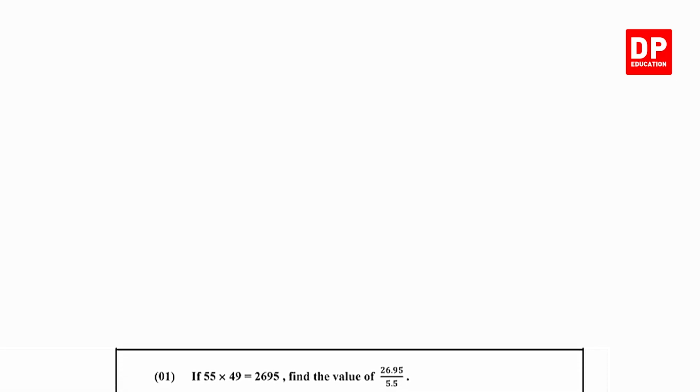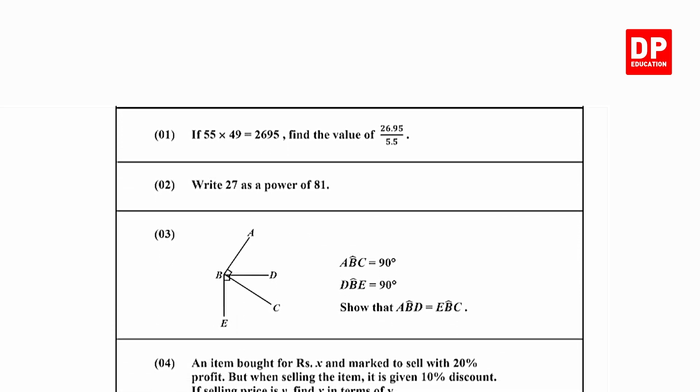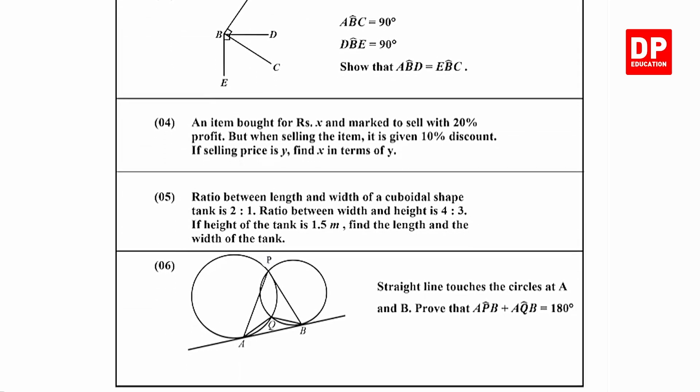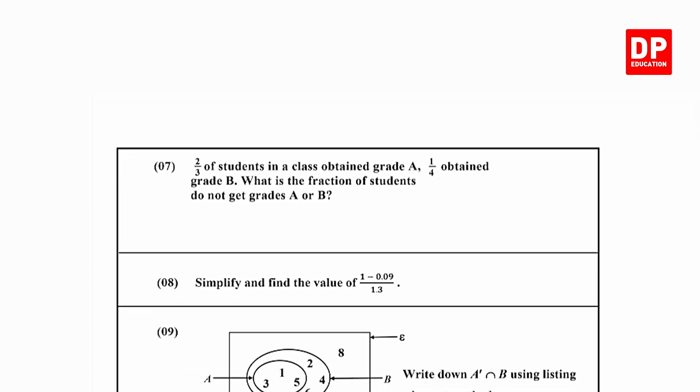In the first page you get questions 1 to 6. On page 2 you get questions 7 to 13.